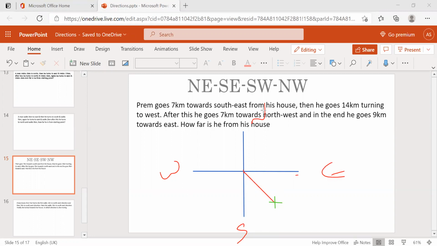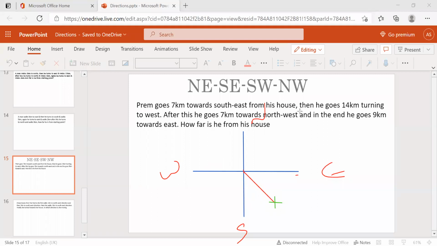It's not going to take much time. If you practice more questions on this, then there's no need to write this either. You will understand. But at the start, when you're new to this topic, it's better to draw a small diagram of directions like this. This is north, this is east, this is west, this is south.